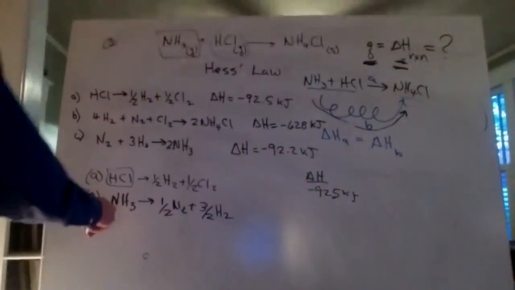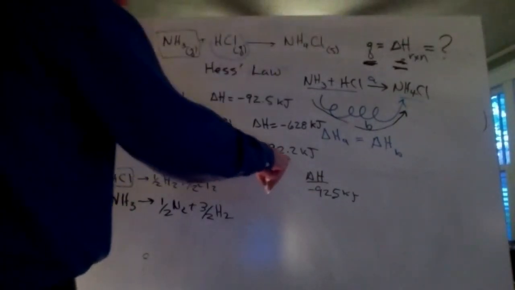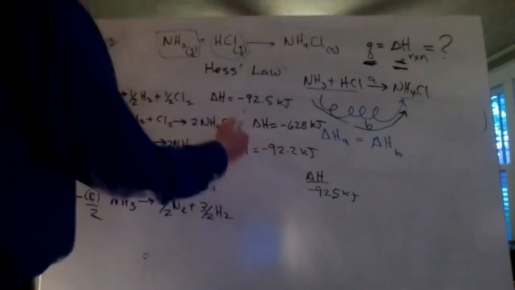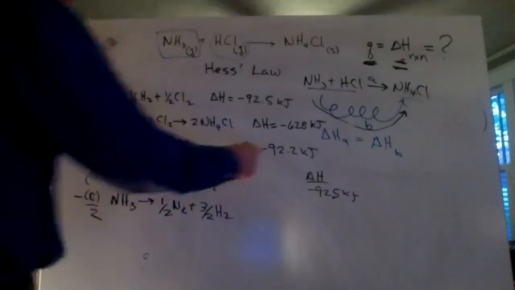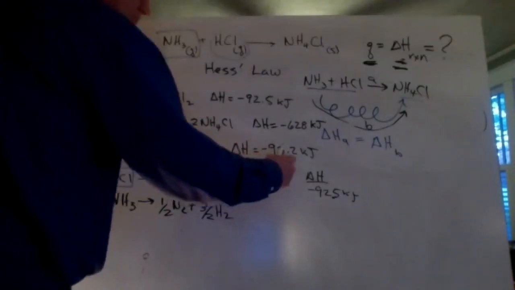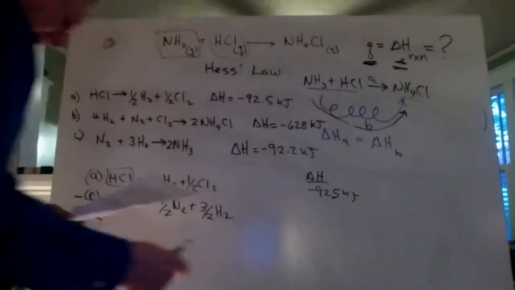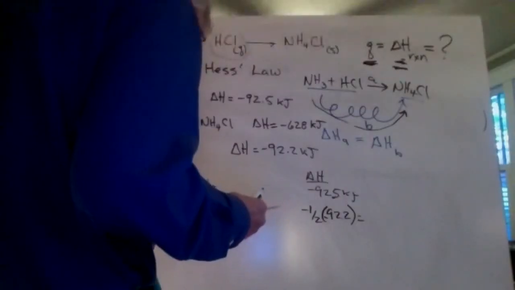And now what are we going to write down for the heat energy of that? Well, the heat energy for equation C is negative 92.2, but we reversed it, so it's going to be positive 92.2. And then we divide it by 2, so it's going to be positive 92.2 divided by 2, or negative 1/2 times negative 92.2.